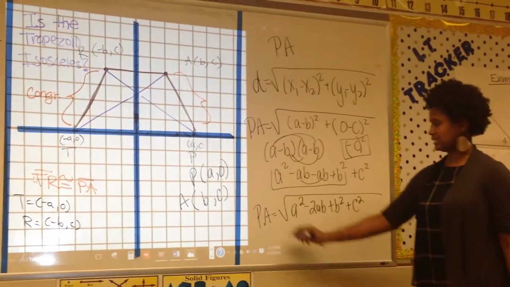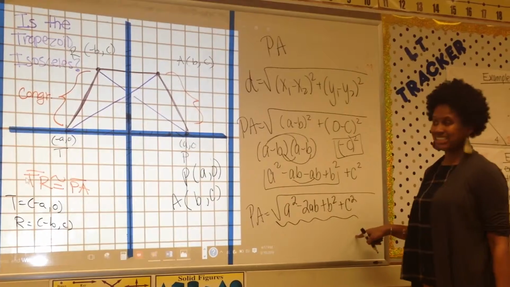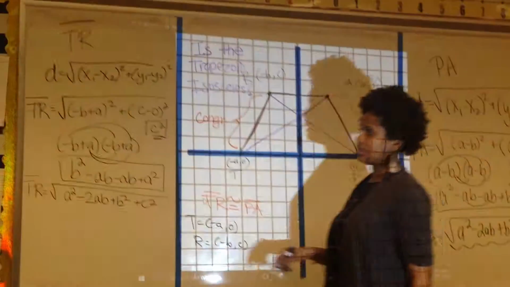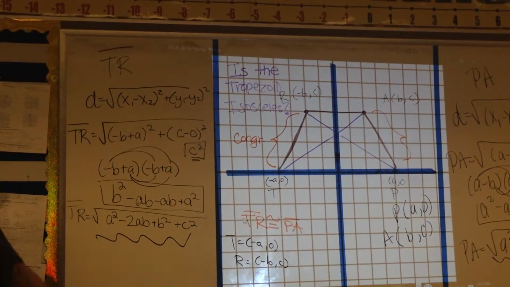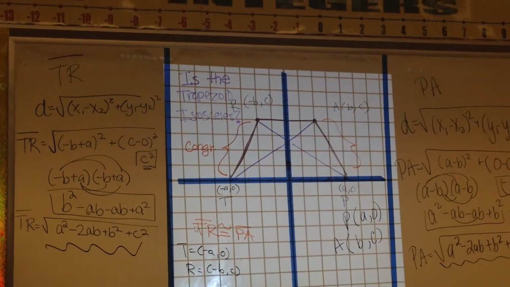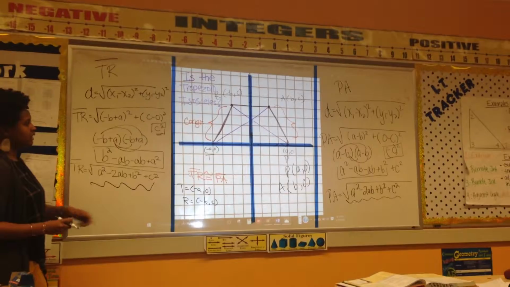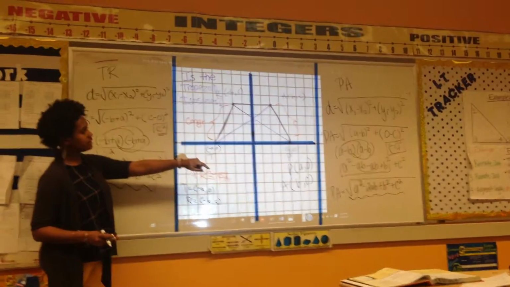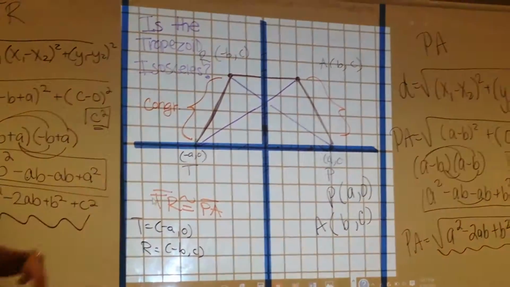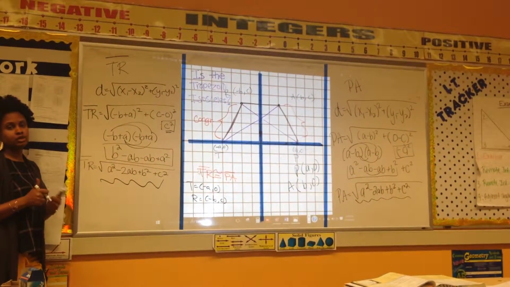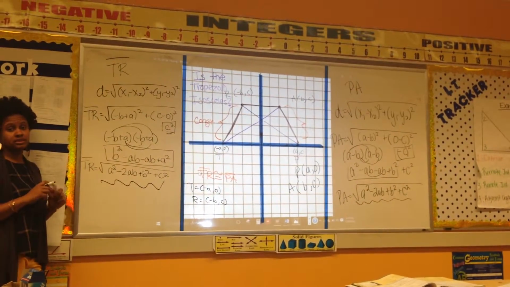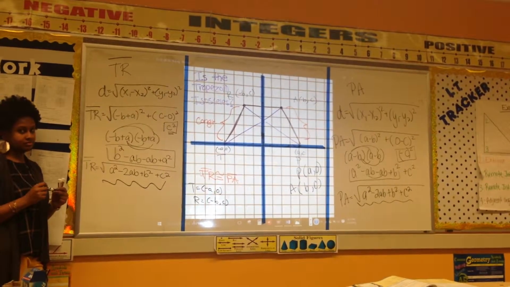And what you notice is this expression is the exact same as this expression. Which means, yes, this is an isosceles trapezoid. And my explanation would be because segment TR is congruent to segment PA. Now you try, or come back with questions.